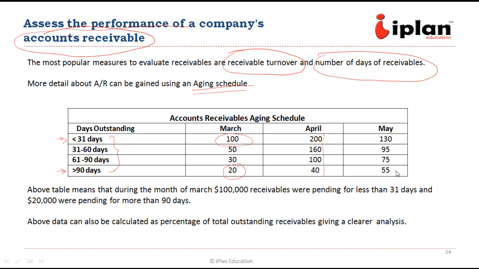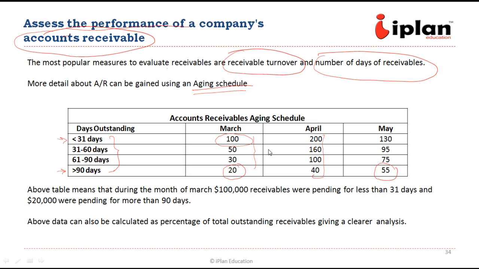And in May, 55 cases where the days outstanding were more than 90 days. So in short, this will give us some picture of which months the days of receivables outstanding were more, in which months they were less, and we can try to improve them if we find any inefficiency in terms of receivables.